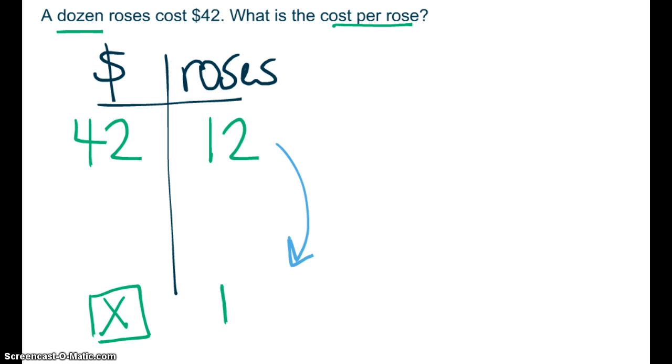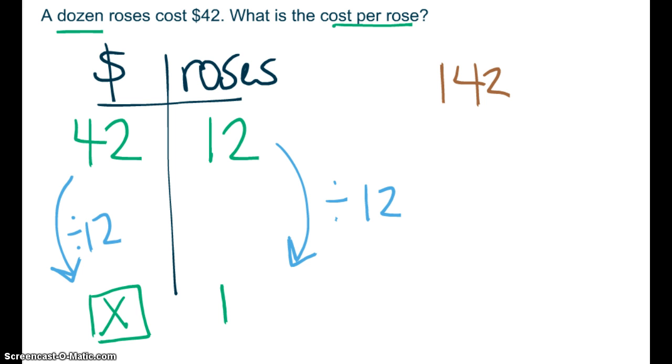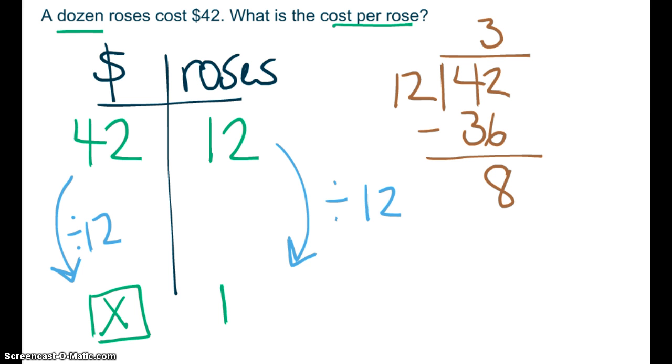I'm going to choose to look at this relationship. I'm going to divide by 12. And when I divide 42 by 12, I know that goes in there 3 times. And I'm going to subtract, and I get 6.